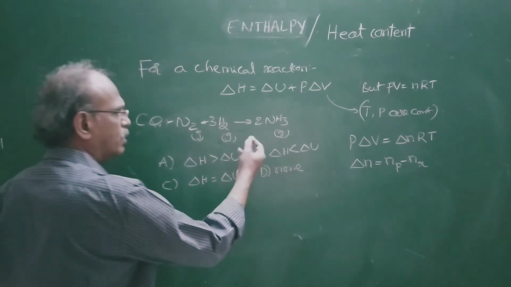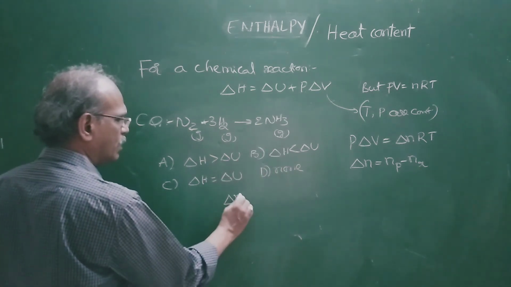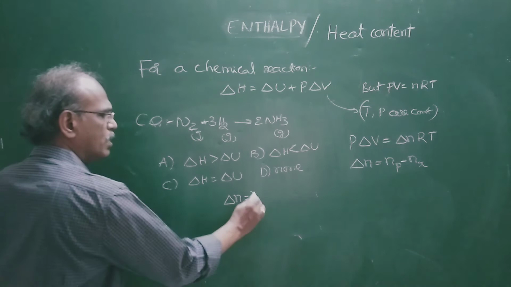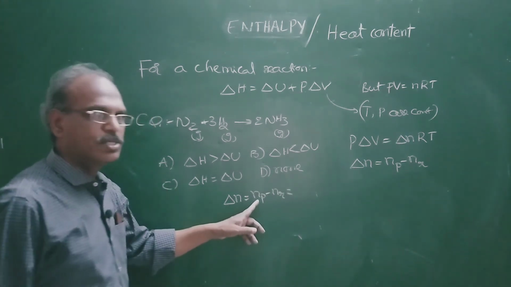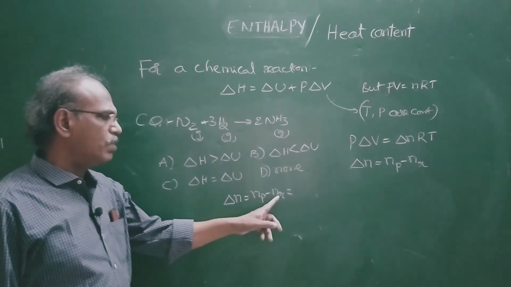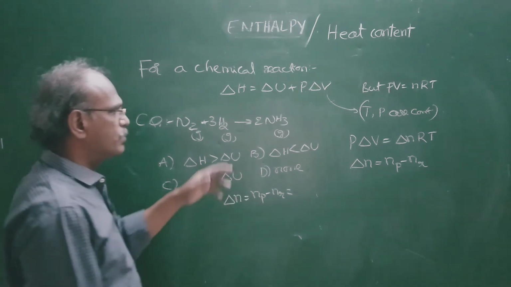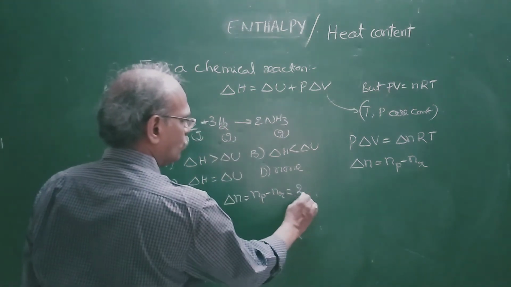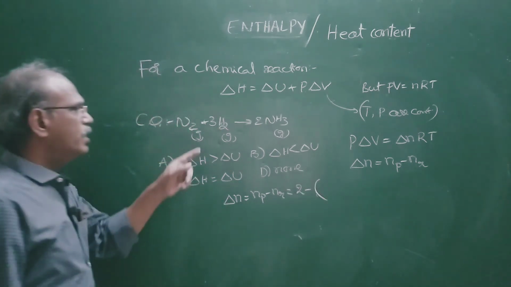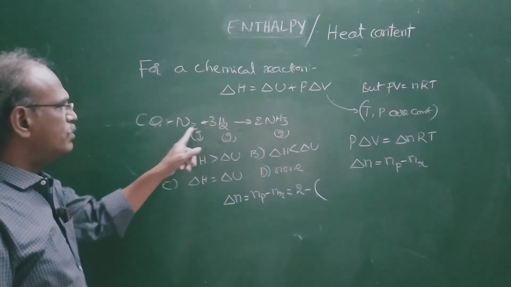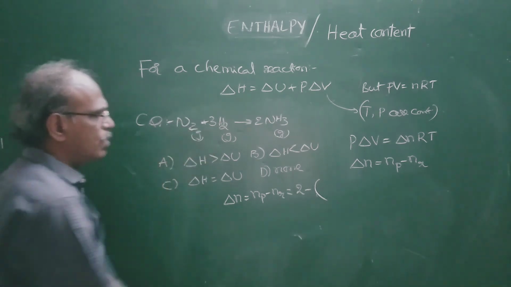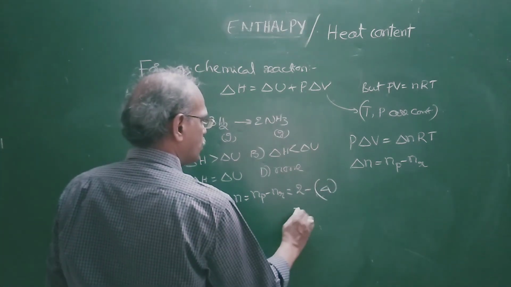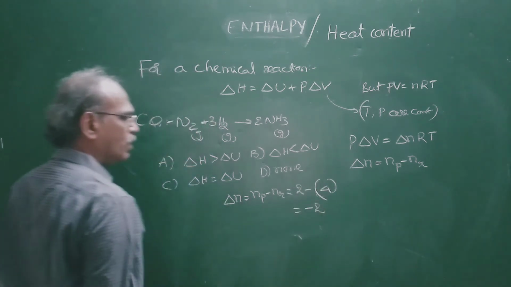Here from delta n, it is very easy. Delta n is equal to Np minus Nr, the number of moles of gaseous products minus the number of moles of gaseous reactants. Gaseous products 2, minus reactants. See, this is gas, this is also gas, so the total number of moles of reactants is 4. So this is minus 2.